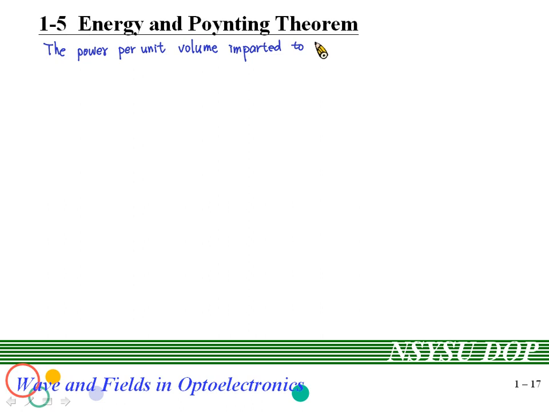This means that the power dissipated by J is defined as E dot J. The power loss due to J is E dot J. So let's see how to express E dot J. We write E dot J here, and for J, by using the Maxwell equation, we know that J can be expressed as curl H minus partial D over partial t.